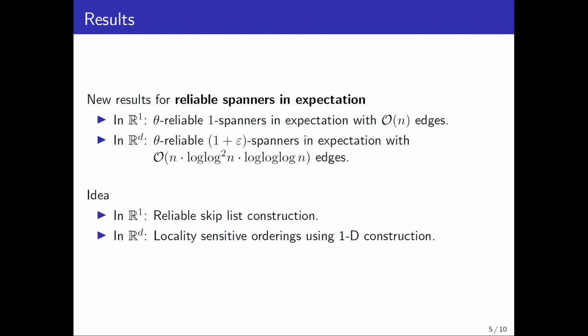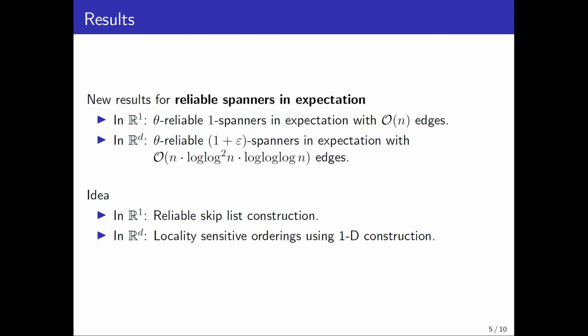So let's see the results that we have. We have two constructions for sometimes reliable spanners, one for the 1D case and one for higher dimensional point sets. So in one dimension we were able to construct theta reliable 1-spanners in expectation with a linear number of edges, so that's optimal. We cannot do better, of course, because the graph must be connected.